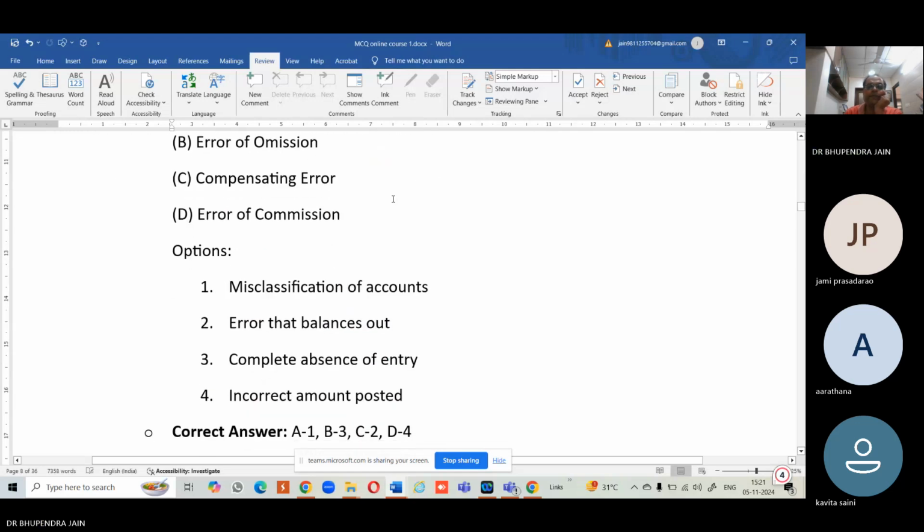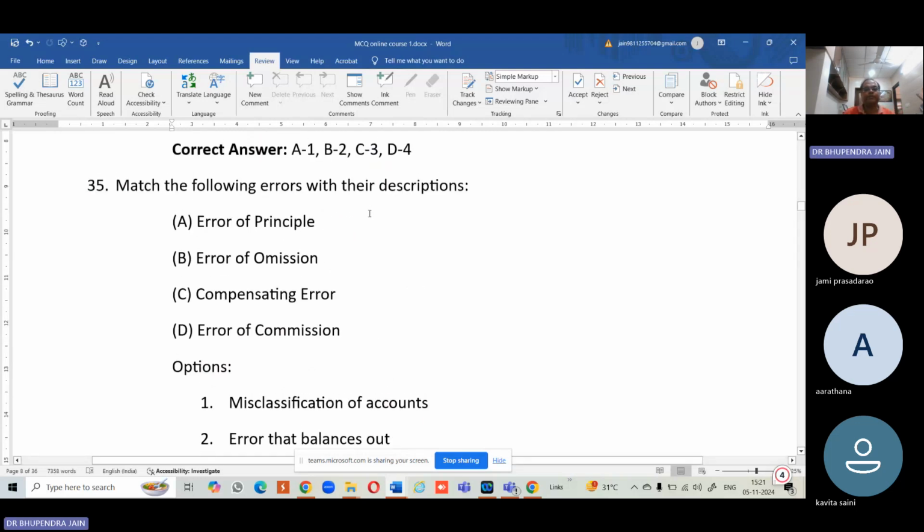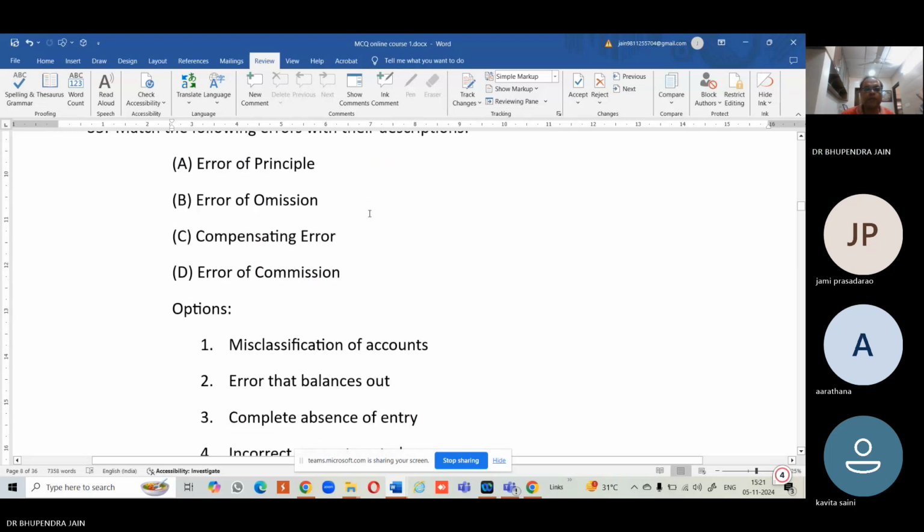ठीक है, which of the following error? Just wait a minute. Oh, error of principle, misclassification of account. This one होगा.